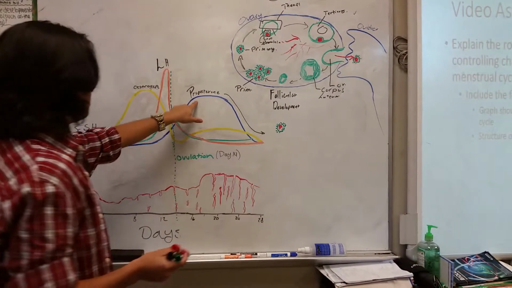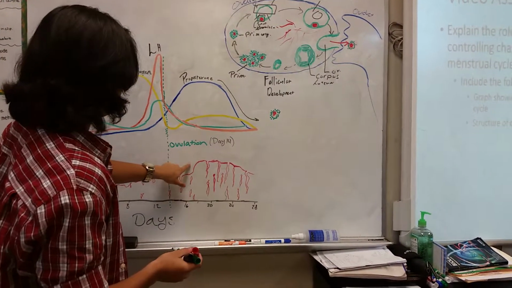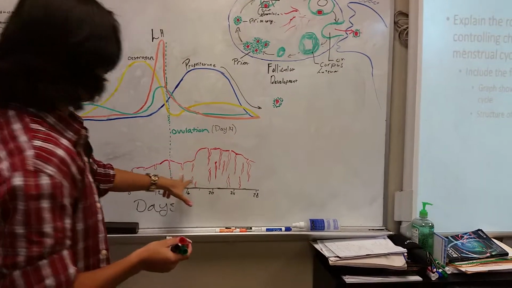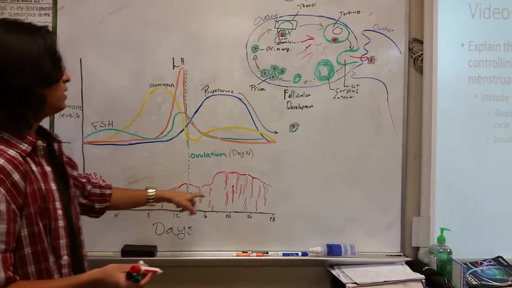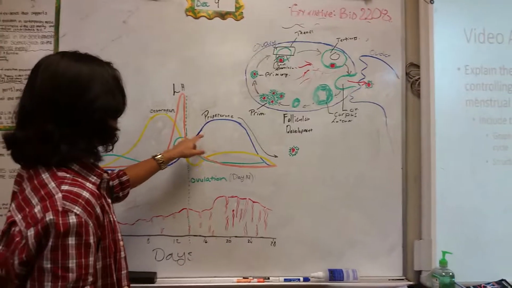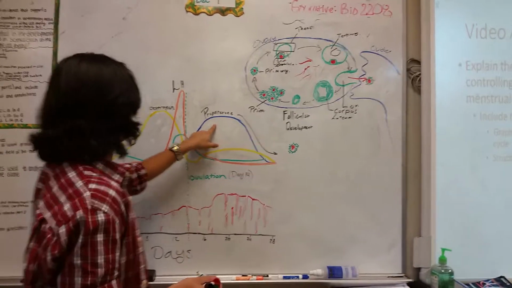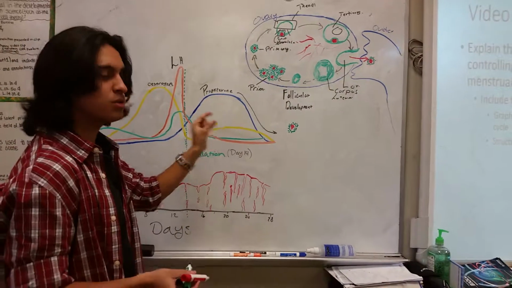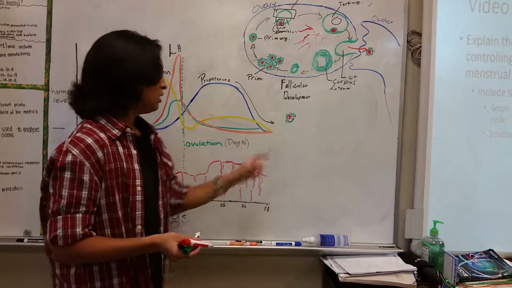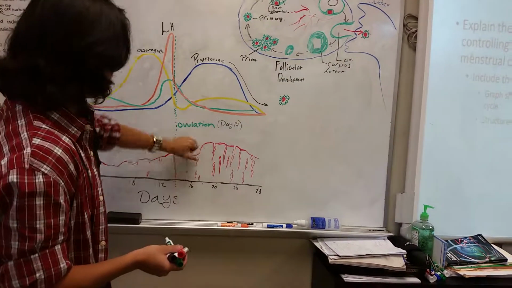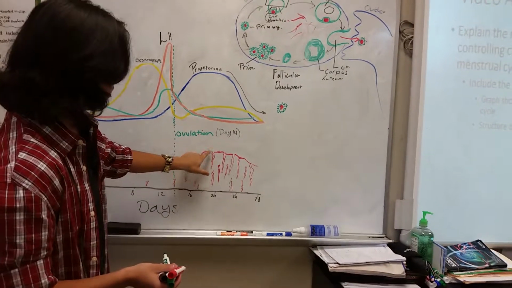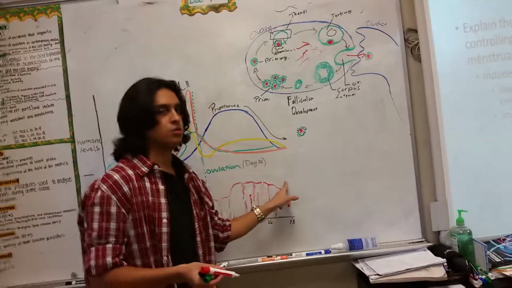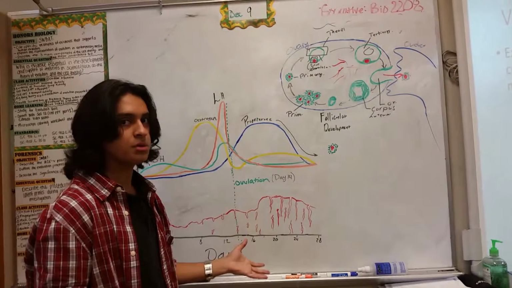So before this, you can see how progesterone aligns with the thickening of the endothelial layer. What's important to keep in mind is that progesterone is actually going to, along with estrogen, even though it's not at very high levels, be excreted a little bit by our corpus luteum. And what's happening here is that your endothelial layer is thickening, and this is because we start having blood vessels become expressed.